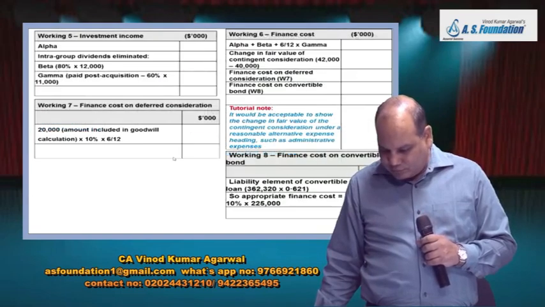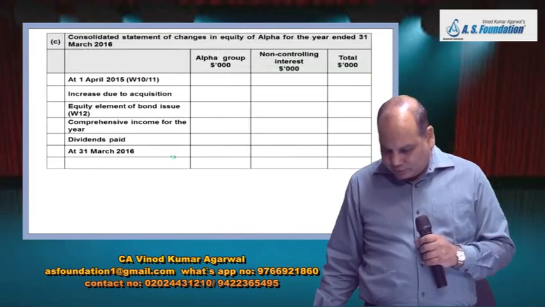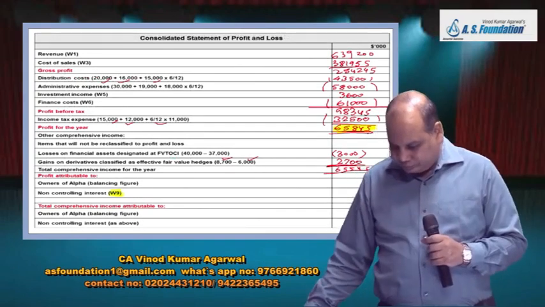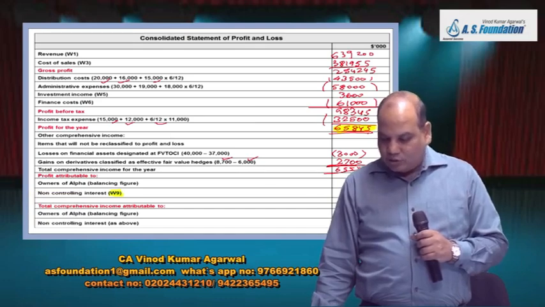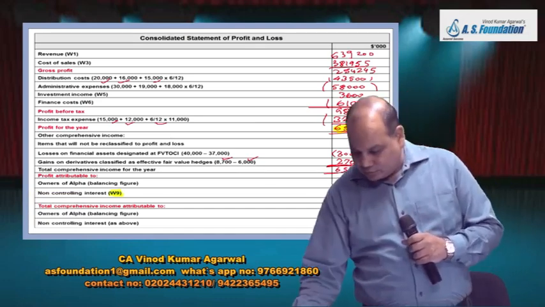First let us put this in the right place. So come to this main page. Non-controlling interest, write down 13,250 over here.